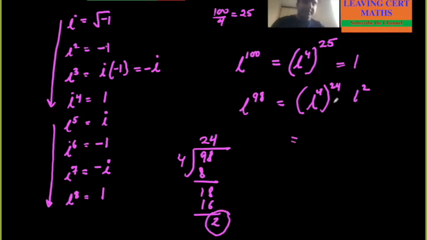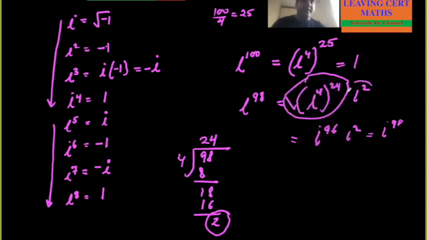So this is i to the power 96 times i square, which is i to the power 98. For the first part I am getting 1, and for i square I have minus 1, so everything is minus 1.